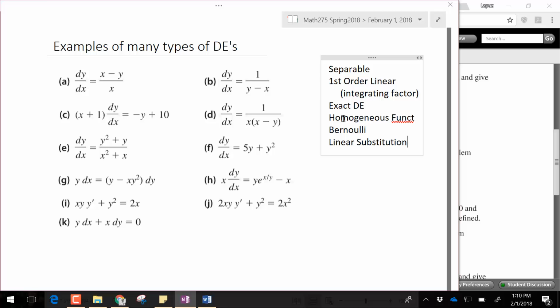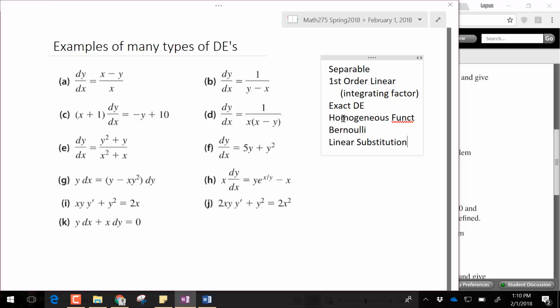After you do that, you might get the form that you're actually looking for. And after you change the look of a differential equation, it might fall into more than one of these categories, so you may have an opportunity to solve for it in a couple of different ways.